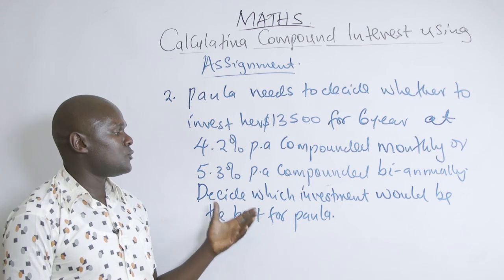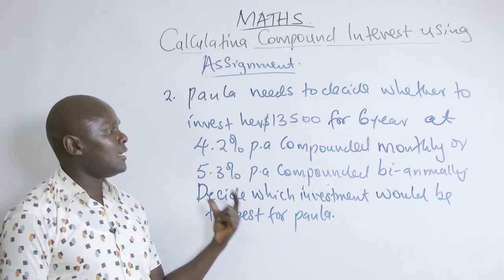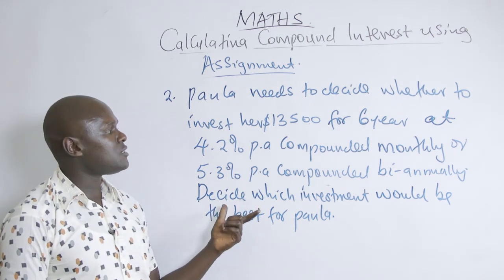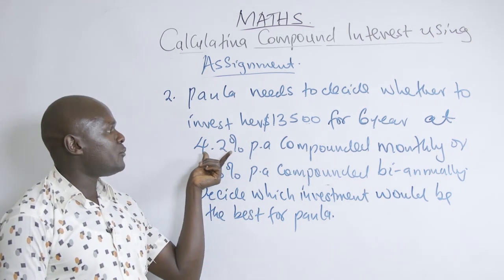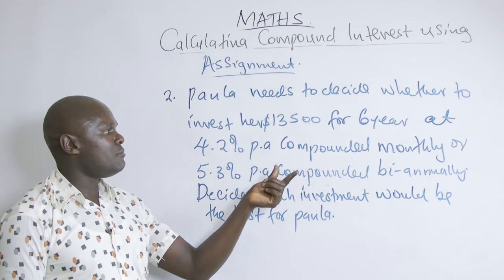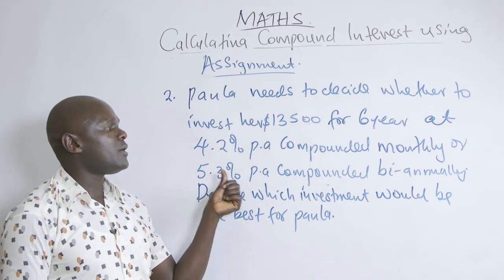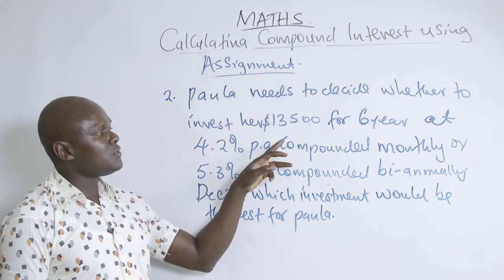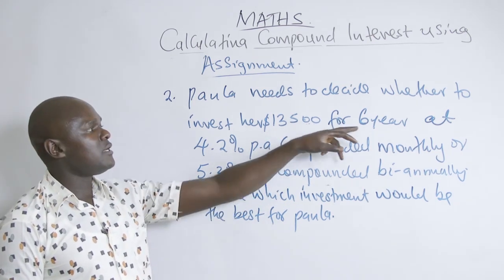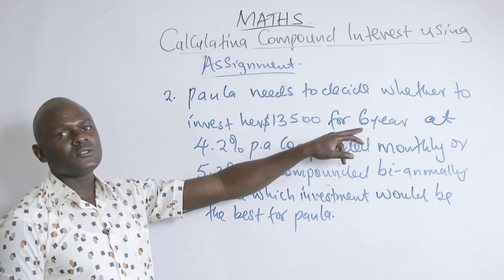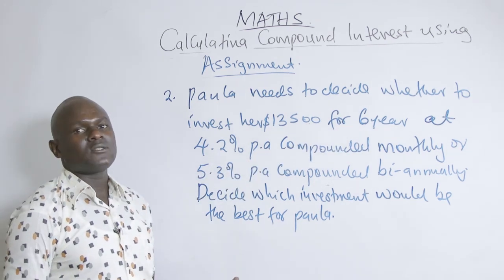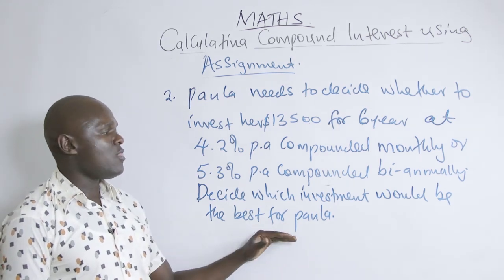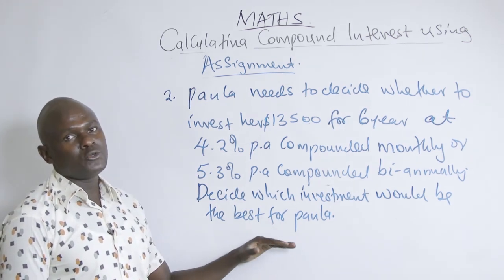No, we need to go down and calculate each case. We have the two cases where we have a 4.2% per year compounded monthly and a 5.3% per year compounded biannually. We go down and look at these two cases, bearing in mind that the period is 6 years. The calculation that will give us the highest interest is the one that we are going to advise her to use.